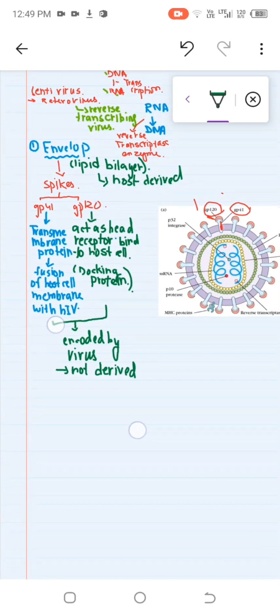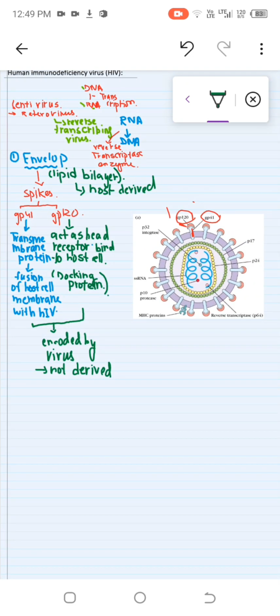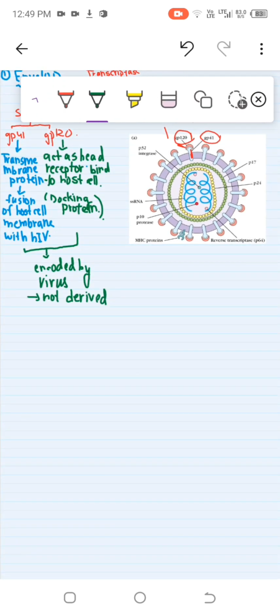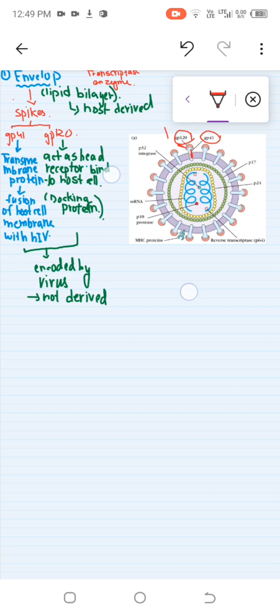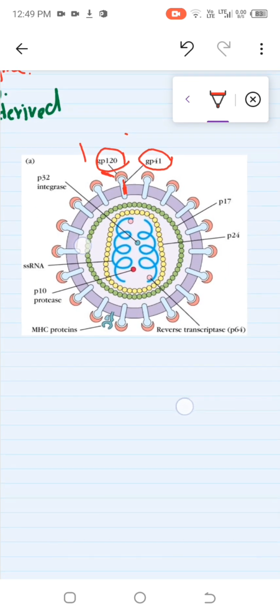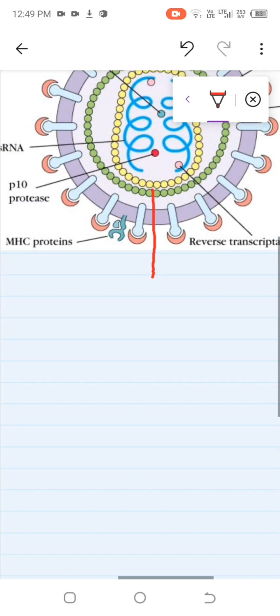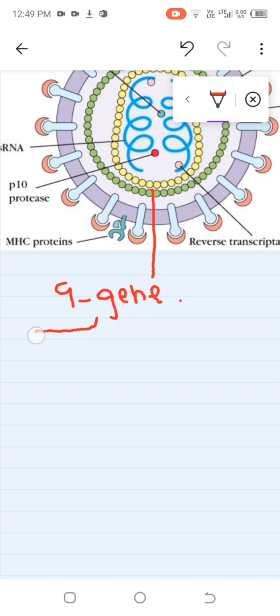So now let's move towards the structure as I told you. Here you can see the capsid. The capsid contains 9 genes, and from those 9 genes, 3 genes help to form the structure.